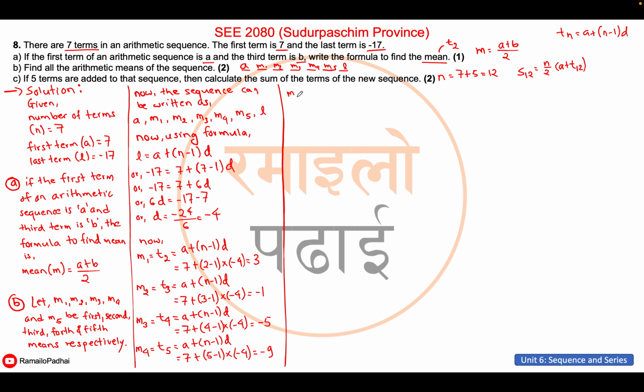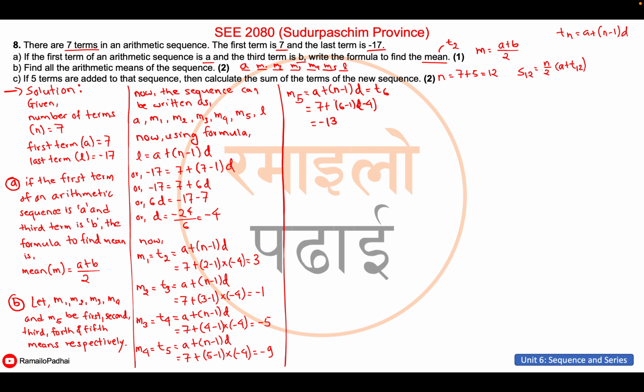And then m5 is equals to A plus n minus 1 D, is equals to, we have A is equals to 7 plus n is, I made a mistake here. That's not a mistake, m5 is equals to T6. You understand it? Okay, so 7 plus 6 minus 1 D, D is minus 4, and that is equals to minus 13. So these are the 5 arithmetic means of the sequence.